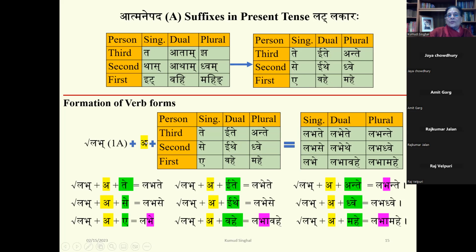You take the dhatu, add the group suffix a, and then add these simplified verbal suffixes, and you get the forms labhate, labhete, labhante, labhase, labhethe, labhadhve, labhe, labhavahe, labhamahe. And again, here you see the a gets long, labhavahe, because it was vahe, mahe. You just have to know these conjugations.